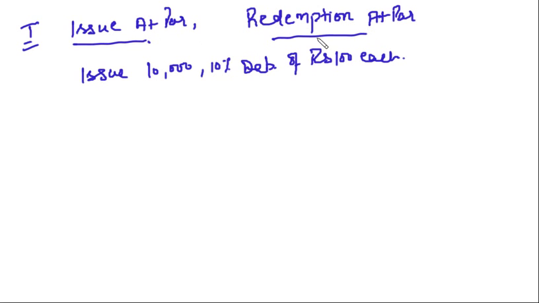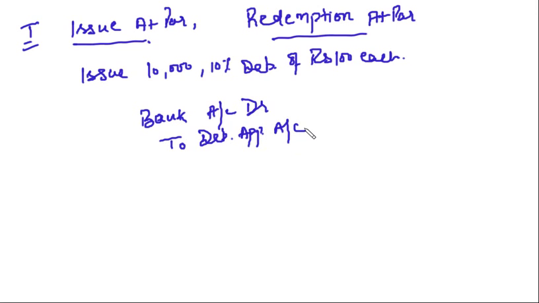What is the journal entry at the time of issue of debentures? Bank, I'll take it as issue at lump sum. All the money is receivable at the time of application, to debenture application account, 10 lakh and 10 lakh.